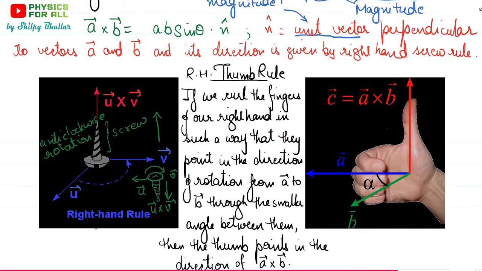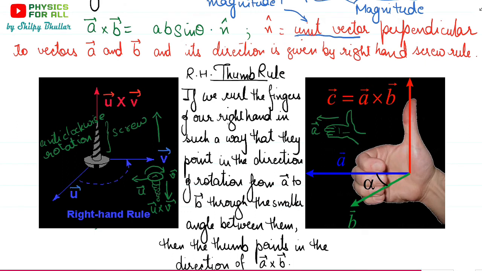When we stretch our fingers like this, this direction is basically the direction of vector A. Then when we curl our fingers like this, we are curling our fingers in the direction of vector B. And obviously in this, the angle would be the smaller one. So alpha is the smaller angle between vector A and B.